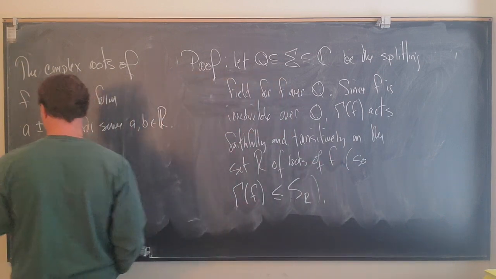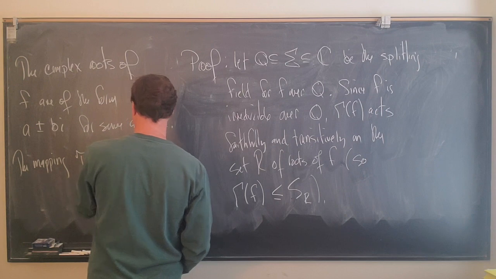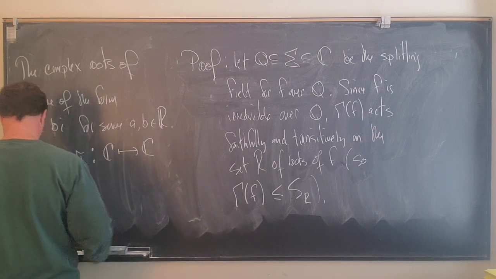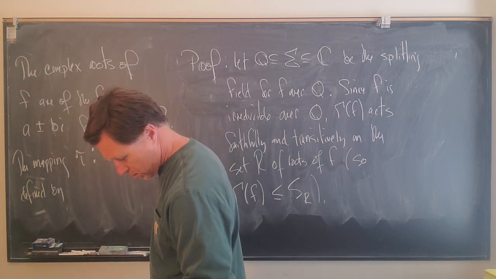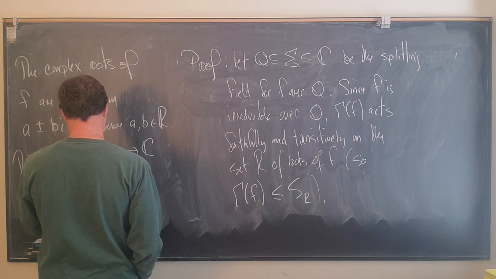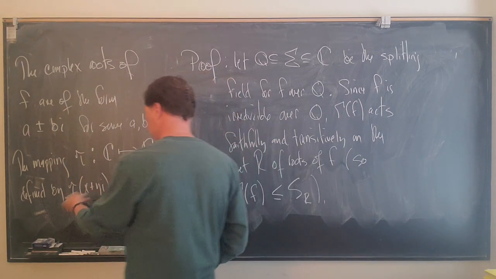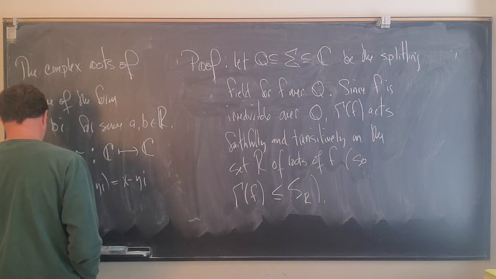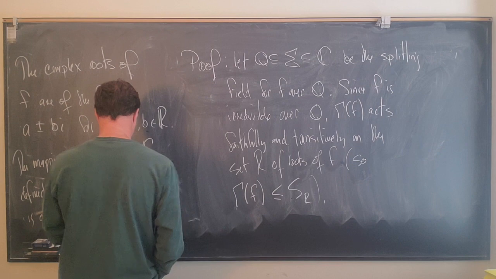And so the mapping, let's call it tau, from C to C, defined by tau of x plus yi equals x minus yi, is an automorphism of C that fixes Q. Here x plus yi is an arbitrary complex number, and a and b are constants, fixed.